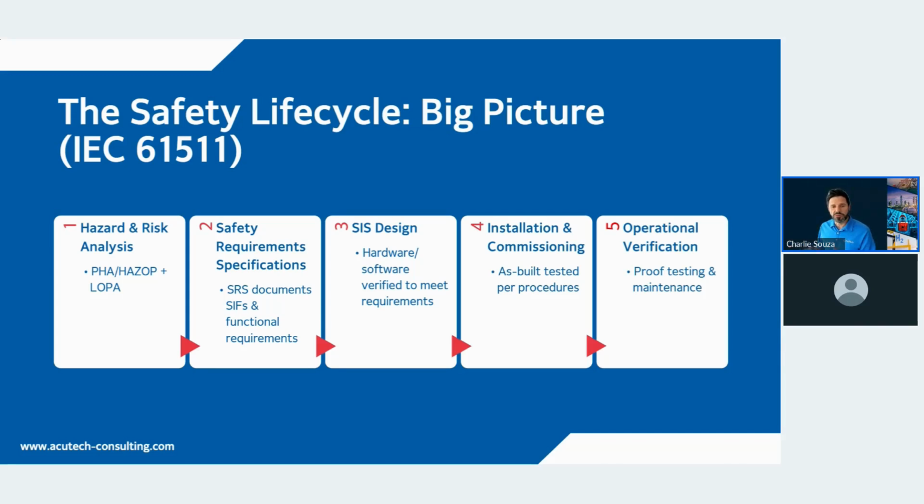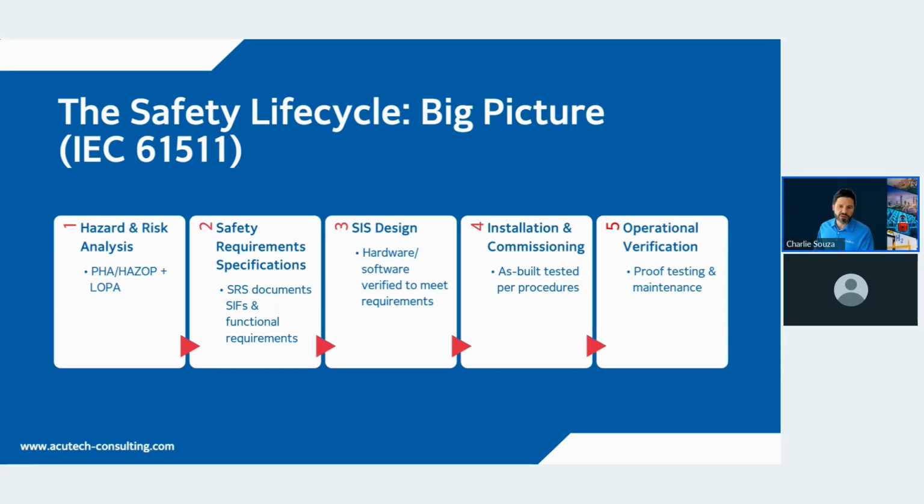In other words, you want to make sure that what is designed has reached the risk reduction factor that your HAZOP LOPA has required. So both on number 2 and number 3, you're building up to design something that will be equivalent to what you're asking for at the LOPA.